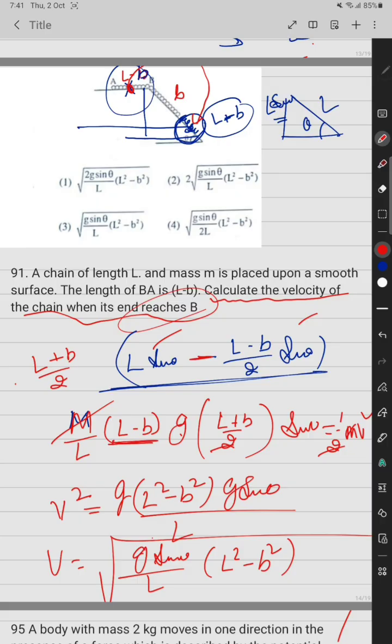It is G sin theta by L in the bracket L square minus B square. It is correct.